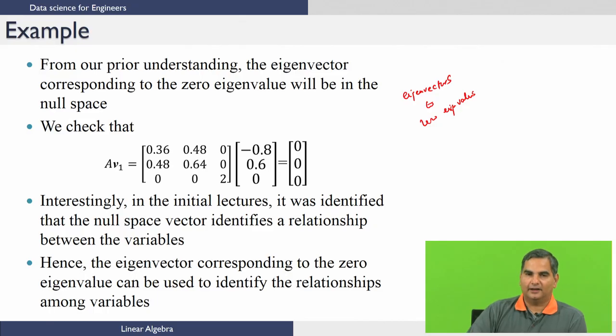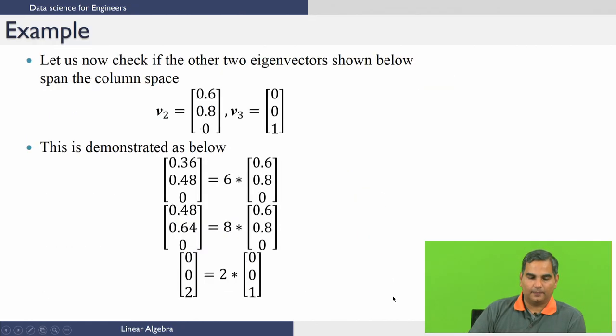So, it is an interesting connection that we can make. The eigenvectors corresponding to 0 eigenvalue can be used to identify relationships among variables.